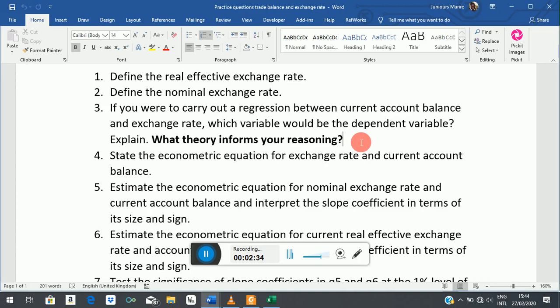Right, so here we have to think in terms of what you were taught by Prof. Keaton and also Prof. Snowball.